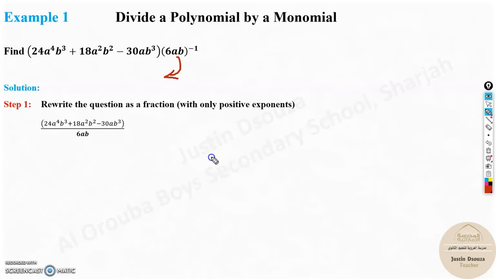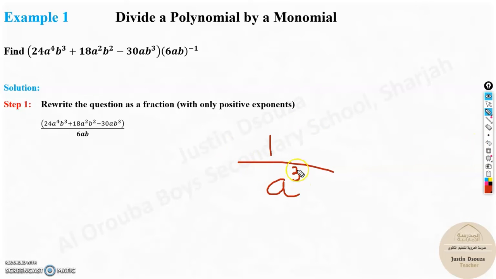Now what it means is, if I have a to the power 2, b to the power minus 2, I can write this as a squared divided by b squared. When you take it down, it becomes positive. Now, in case I have 1 divided by a to the power minus 3, I bring it up, it will become a to the power 3.